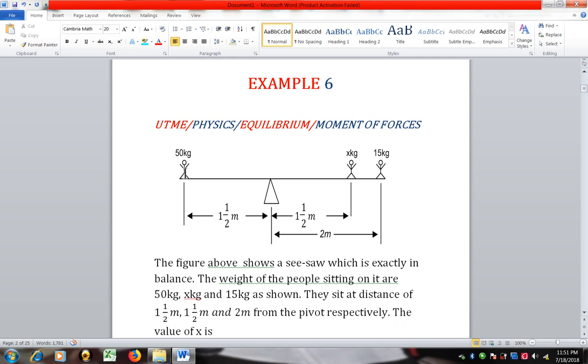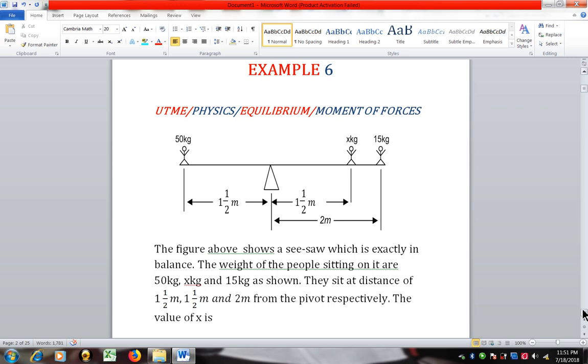The 50 kilogram is 1.5 meter away from the fulcrum, X kilogram is 1.5 meter away to the right, while the 15 kilogram is 2 meter away from the fulcrum. What we're asked to find in this question is the value of X.